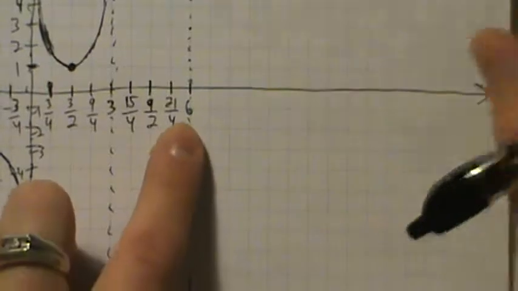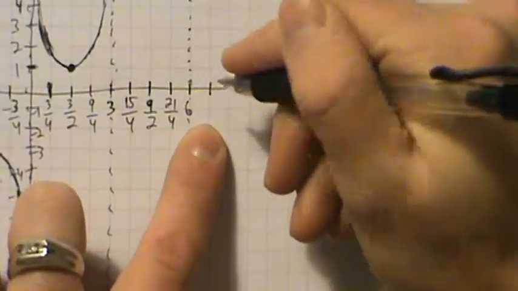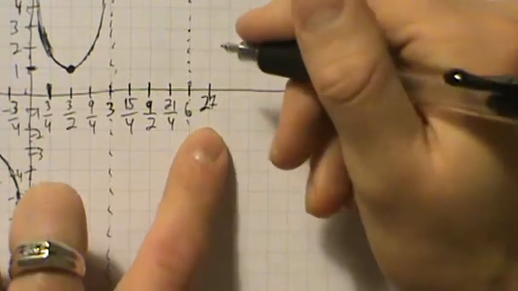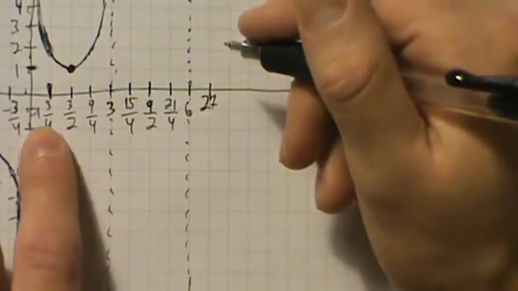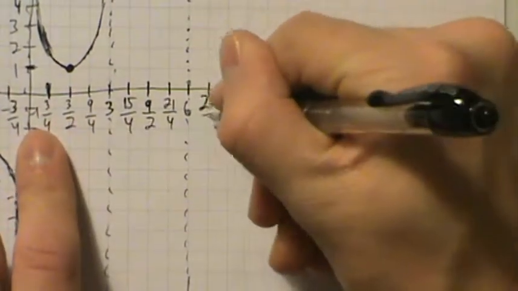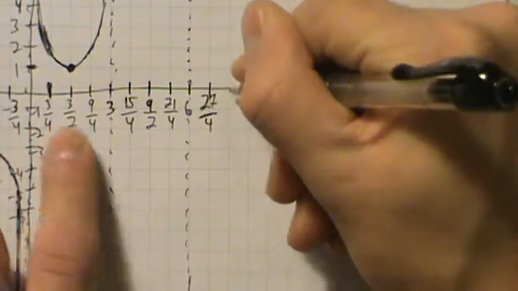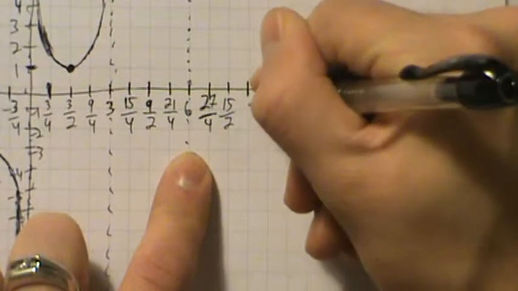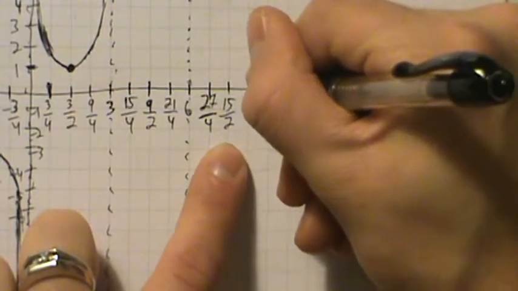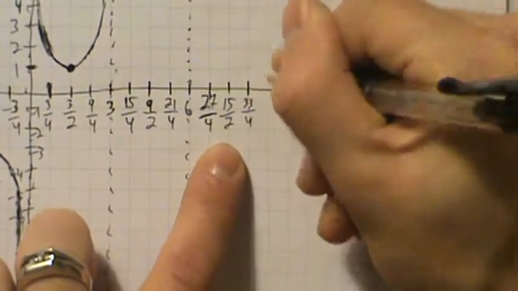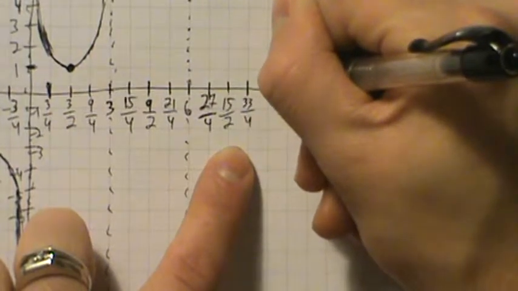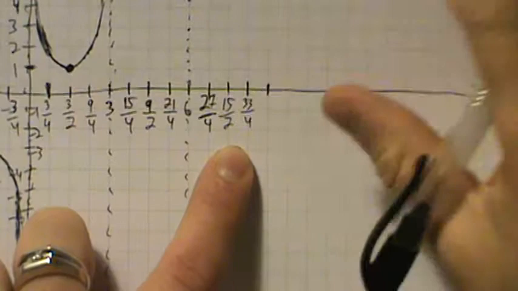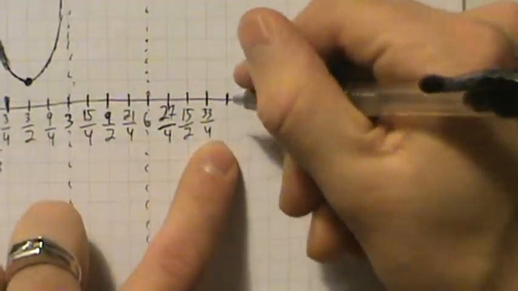So this was 24/4, this will be 27/4. Remember, each one grid box is 3/4 units. That's why I'm counting in multiples of 3 divided by 4. 27/4, 30/4 is 15/2, 33/4, and then 36/4.